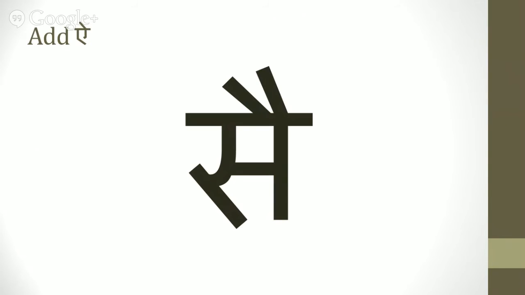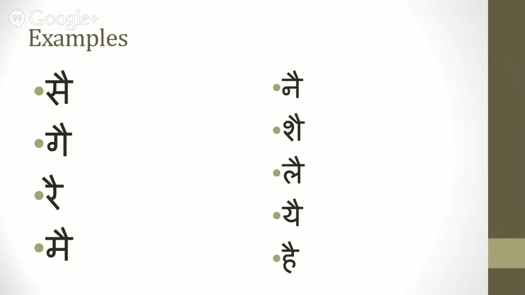Great. So this is how we say sa. Can you see the cat and his ears and its head and just staring away? So we got rid of the inherent a. Why? Because we added the vowel shorthand, the matra, for a. Here are some examples.